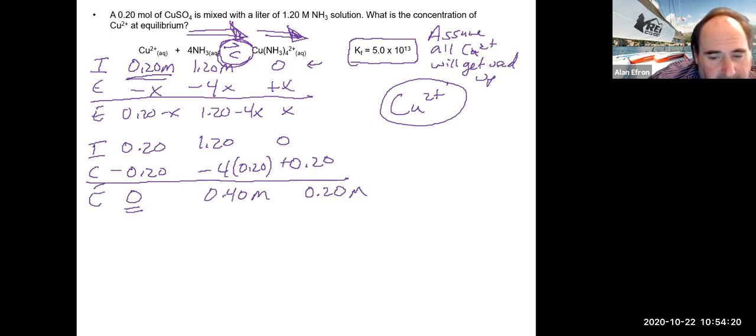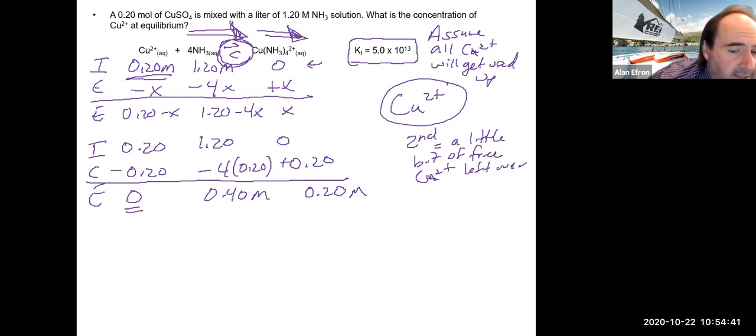So the second part of the assumption is, although most of the copper should get used up in the complex ion, there should be a little bit of free copper left over. And that means that the concentration should be really, really small. So although we zero out the copper here, we are then going to come back and call it X so that we can solve for it.